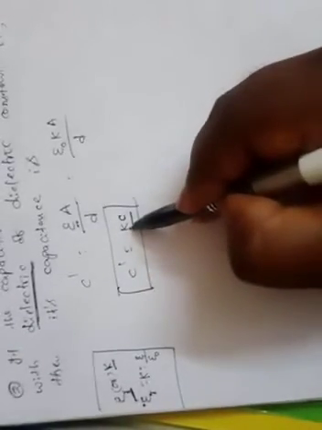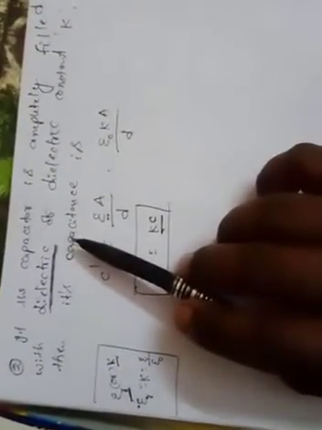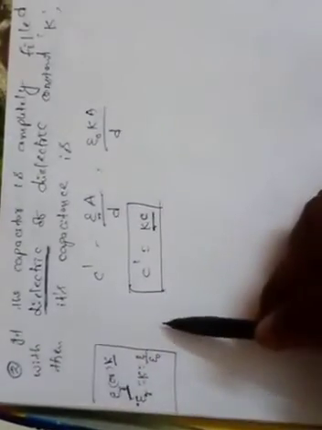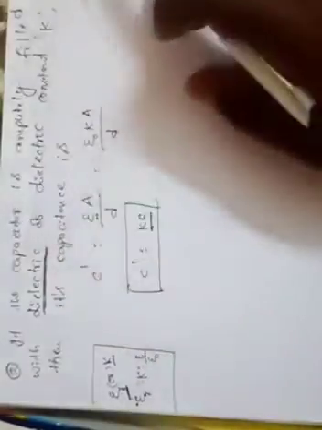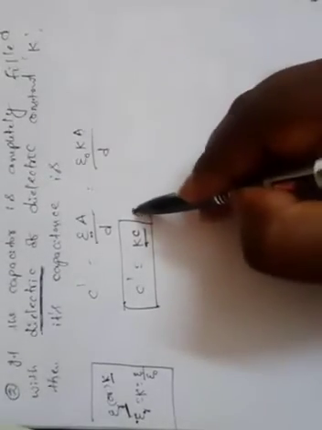K times. Means if instead of air or vacuum, you fill with any other medium of dielectric constant K, then the capacitance increases K times. So that is also important.